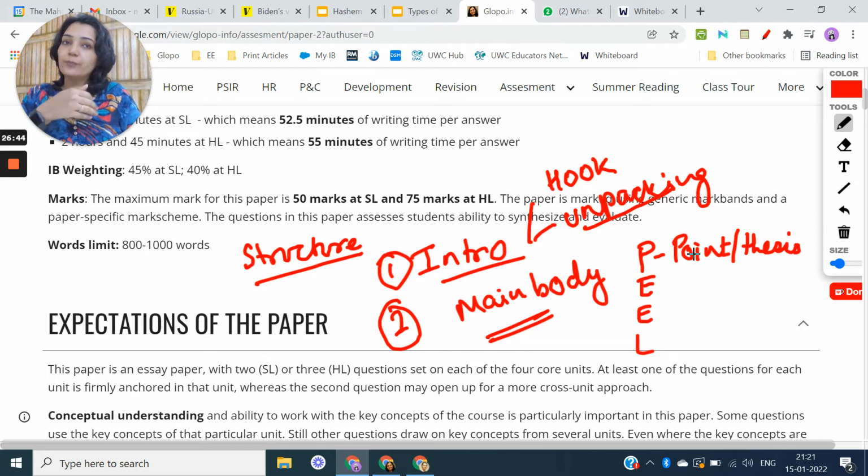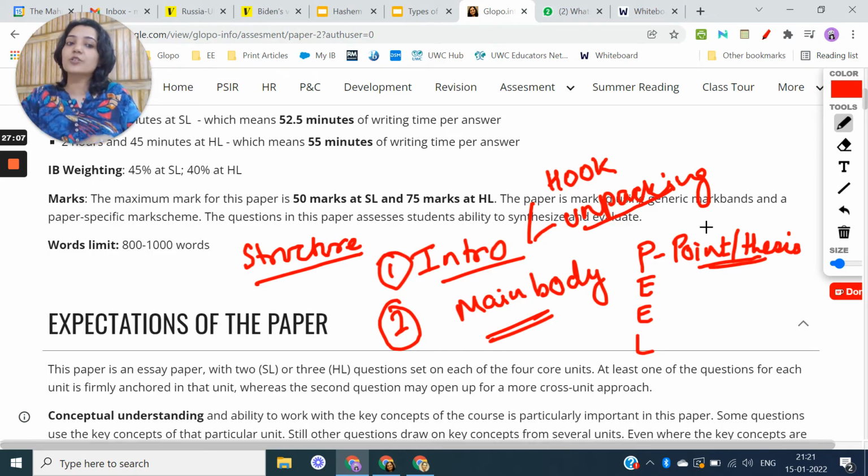It could be your claim, whether you agree to the question. You may start even with the disagreement also. It's completely your choice. Usually we start first with the agreement and then in the second paragraph we move to the counterclaim or the disagreement or to the different perspective, in case we do not want to explore claim and counterclaim. So this first point is your point or the thesis, okay?